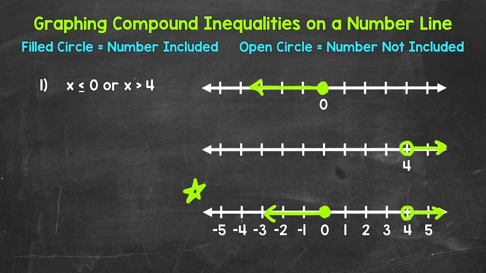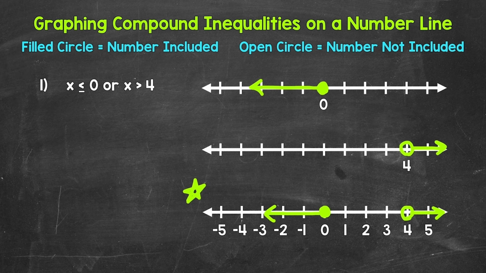How about 7? Is 7 less than or equal to 0 or greater than 4? Yes, 7 is greater than 4, so 7 is a solution. Anything less than or equal to 0 will work, or anything greater than 4 will work. And we can see that represented on the number line.